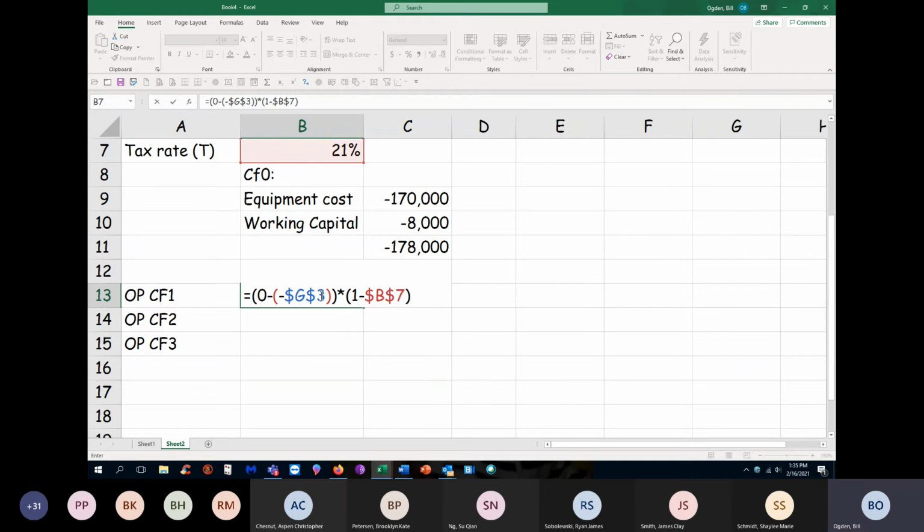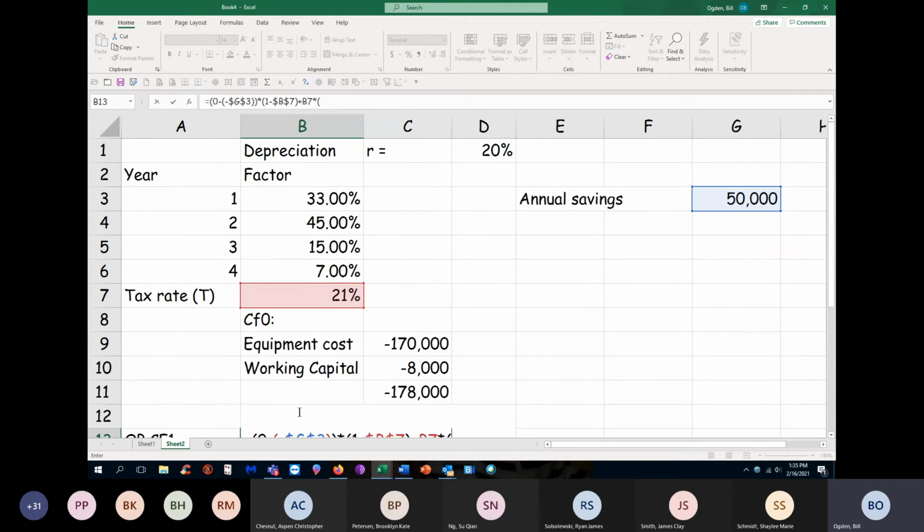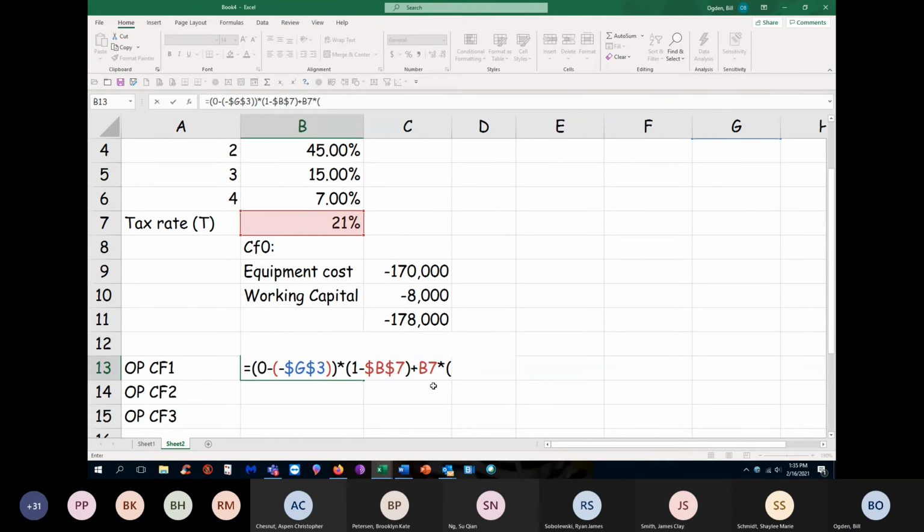Okay, and let's be efficient about this. Plus T, 21%. And what do we take the first year in depreciation? T times depreciation. What will we take the first year? Okay, we will take 33% of the equipment cost. Okay, so T, let's lock that.